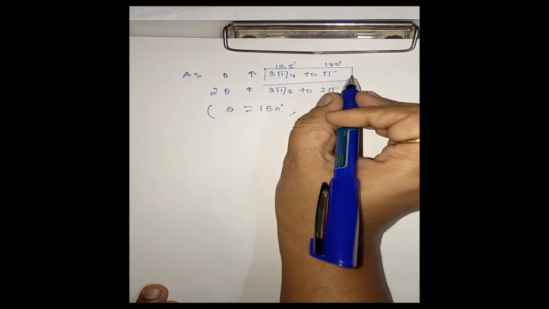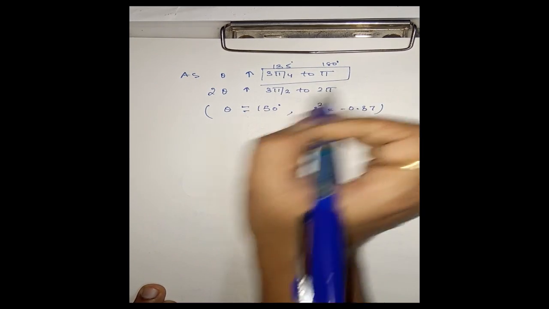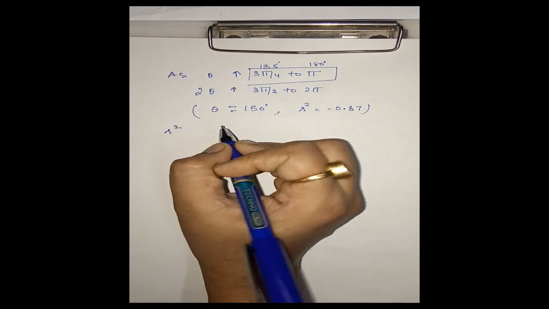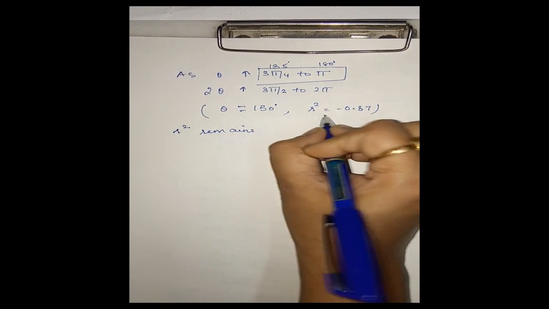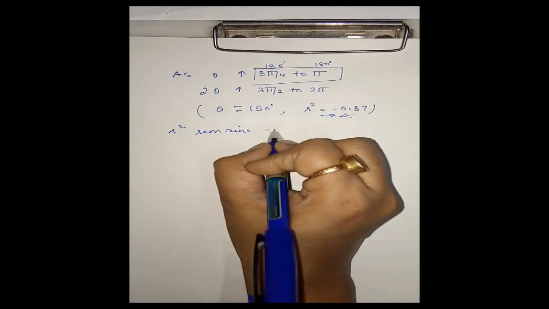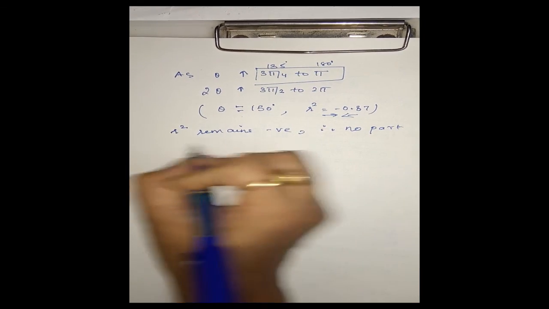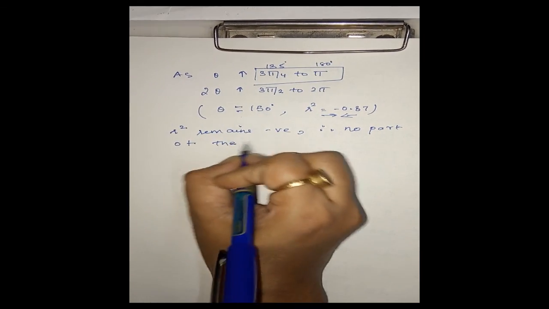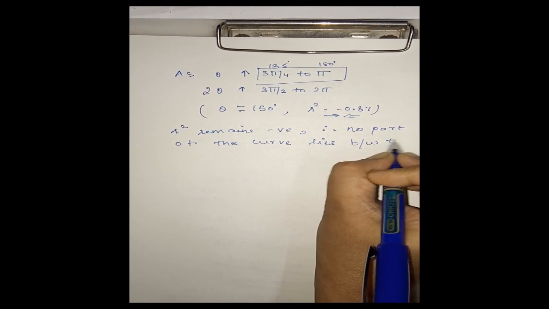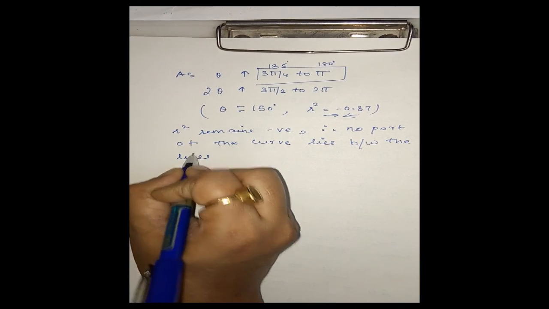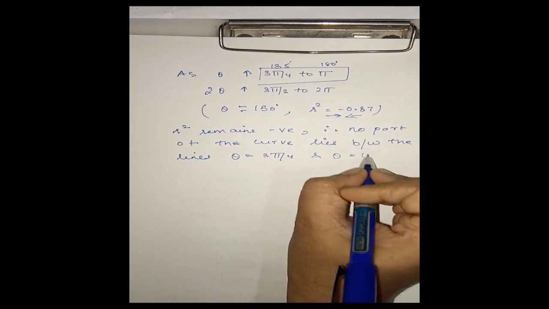Similarly, for any other value in the interval 3π/4 to π, r² remains negative, which is not possible. Therefore, no part of the curve lies between the lines θ = 3π/4 and θ = π.